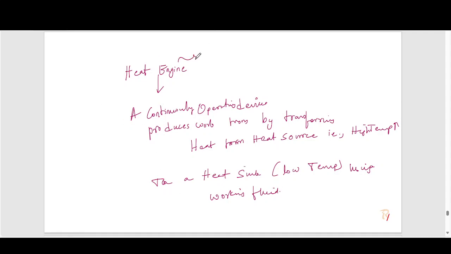Since it is nothing but a Carnot engine in simple words.